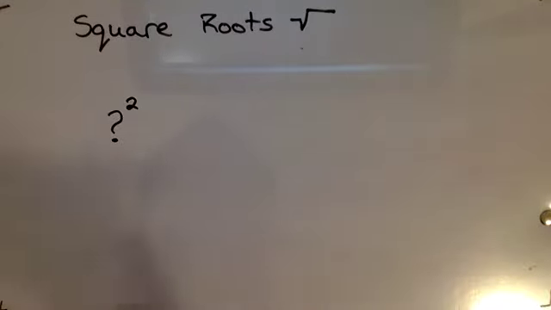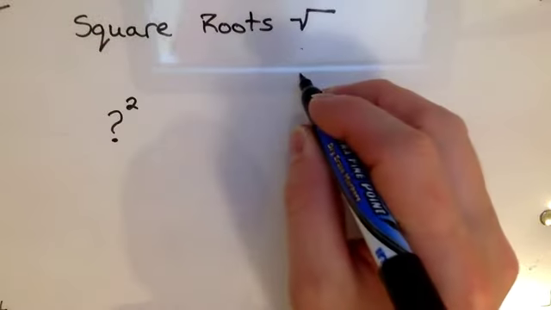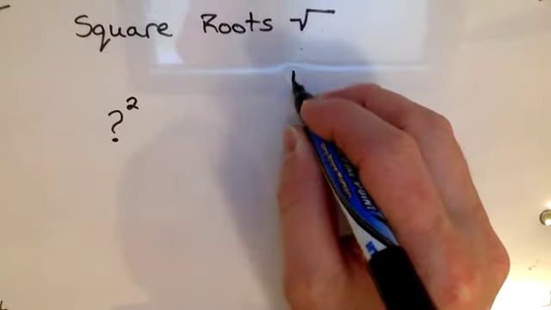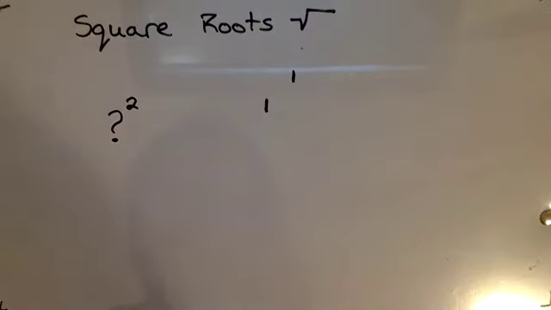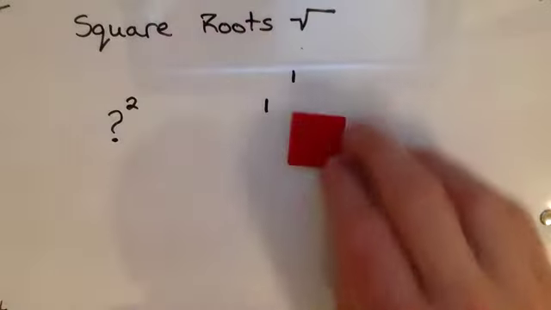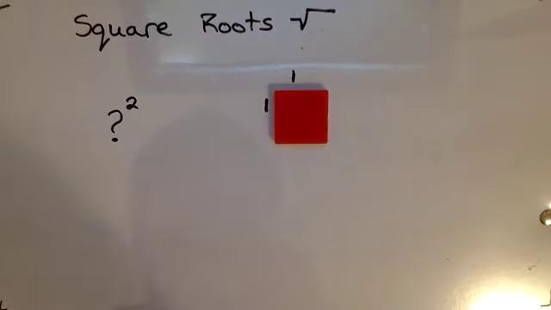Think of it this way, if I use some manipulatives. If I had a square and it was 1 unit by 1 unit, then that represents 1 block.